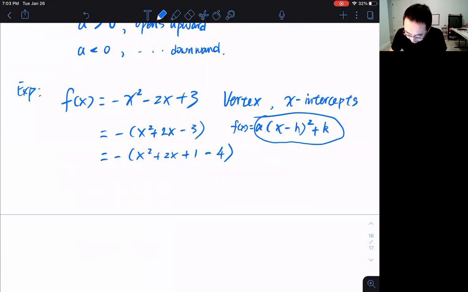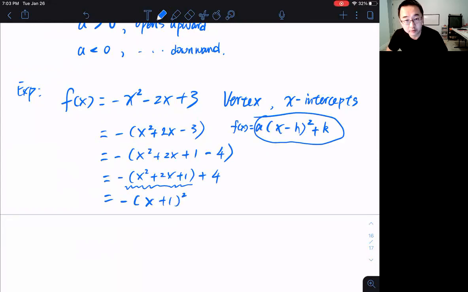What this allows me to do is negative of (x squared plus 2x plus 1), then negative makes it plus 4. And then this becomes negative of (x plus 1) squared. You can expand this out and verify with me. So plus 4, don't forget that. So this is what I can change this functional form to.